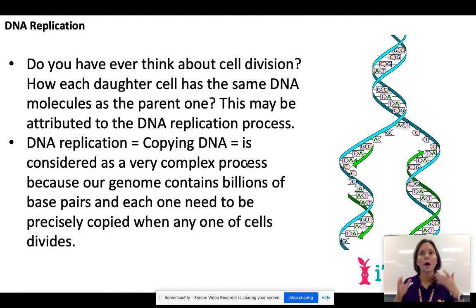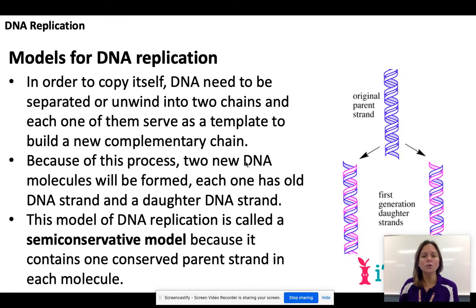And so let's go ahead and take a look at the process of DNA replication. So first off, what's the overall format of how this happens? How does the DNA replicate itself? Well, it replicates itself in what's called a semi-conservative model.